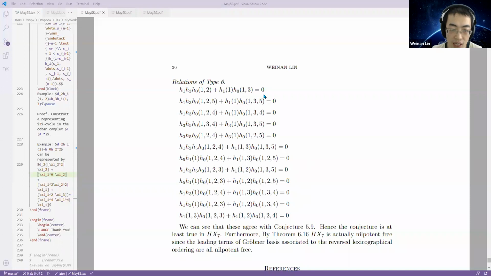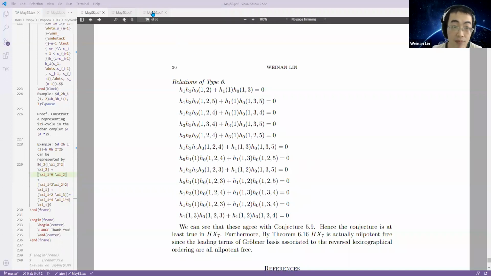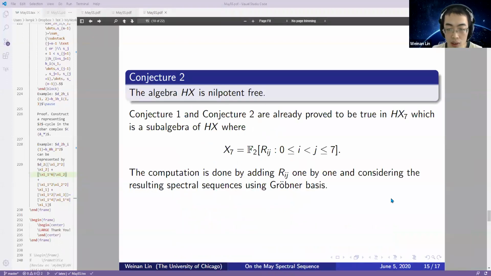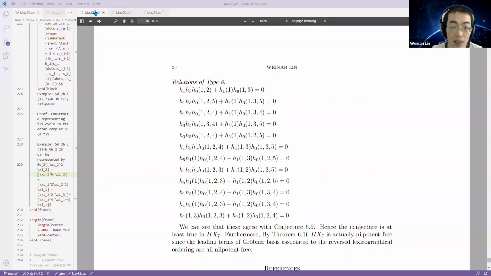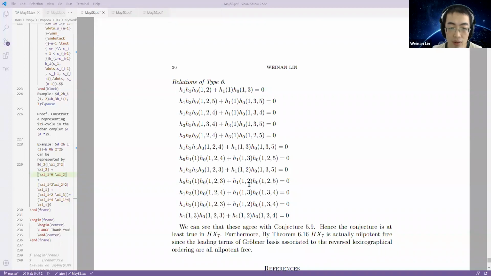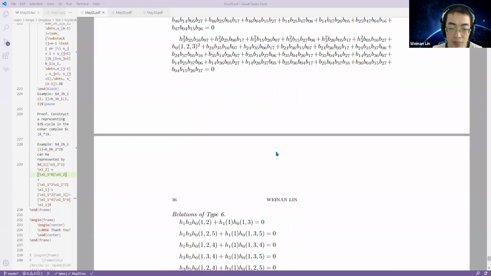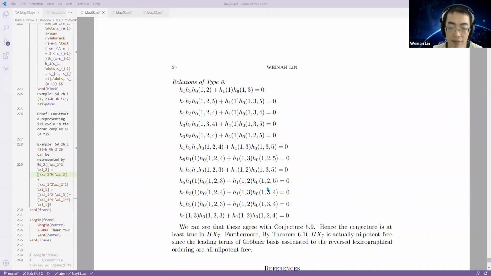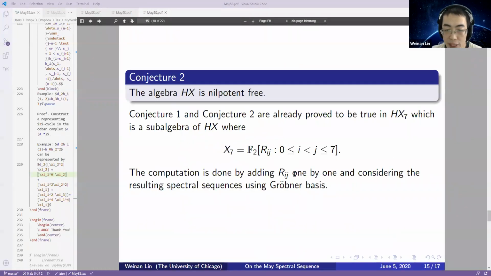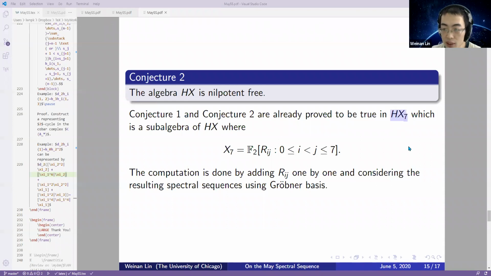So basically, I know at least these relations hold up to some stem. And by the global basis, I can organize these relations. It turns out that I can find an additive basis for the whole algebra such that the additive basis is square closed.